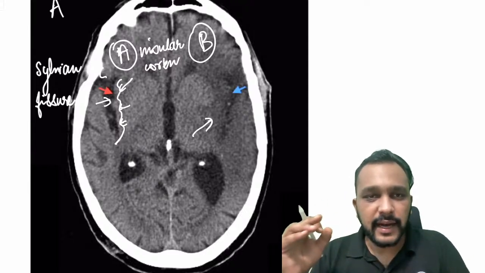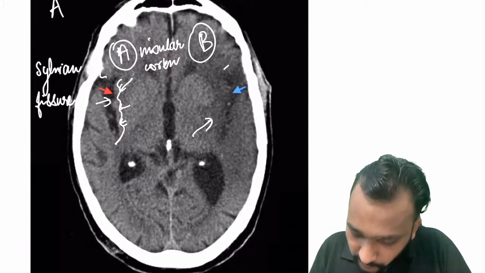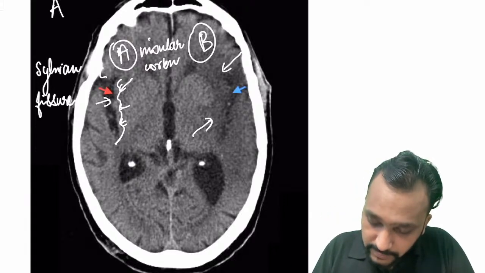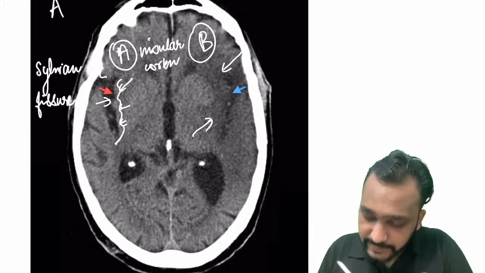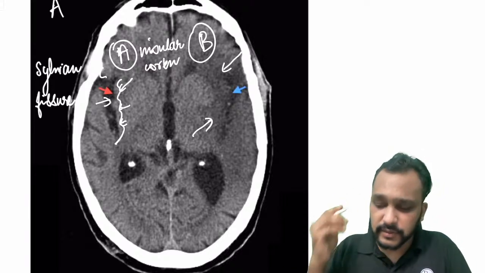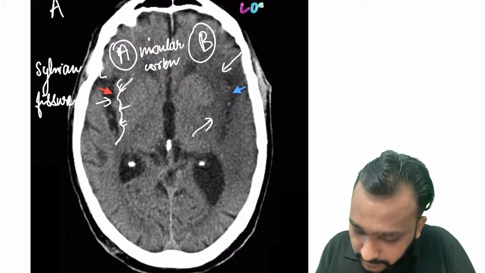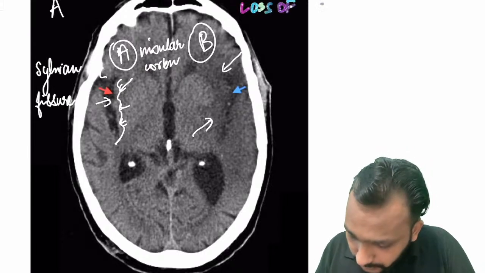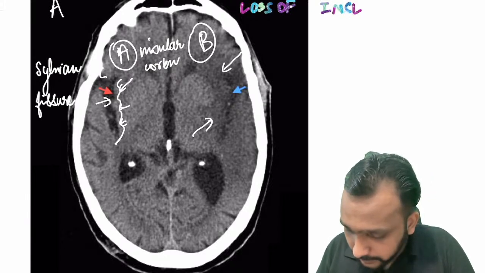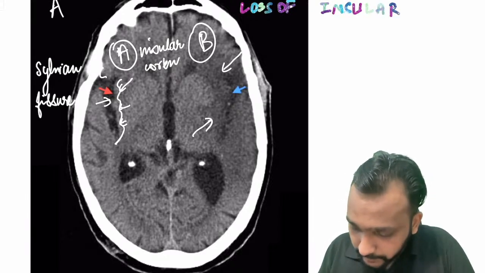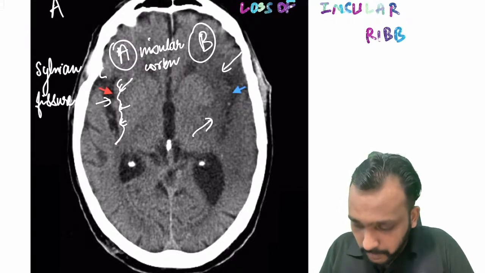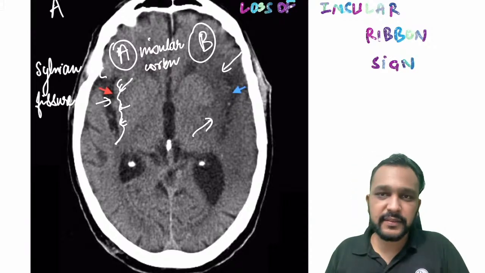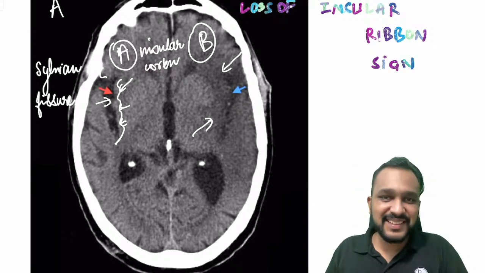Now when there is a hypodensity that is involving the insular cortex, this wavy appearance of the insular cortex is lost, and this is known as loss of insular ribbon sign. Another very important sign that you can see in patients with hyperacute ischemic stroke, right?